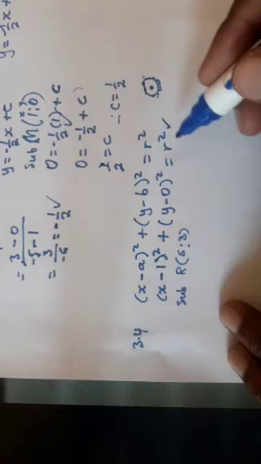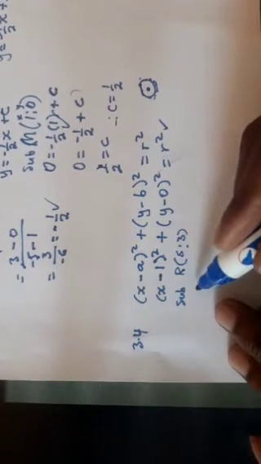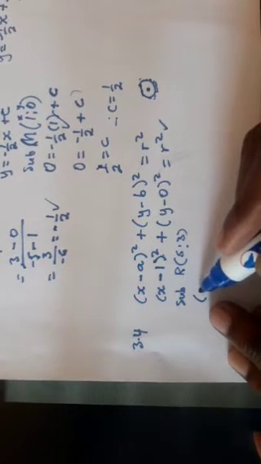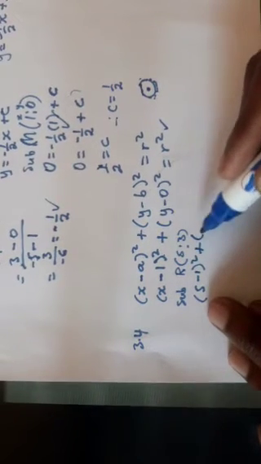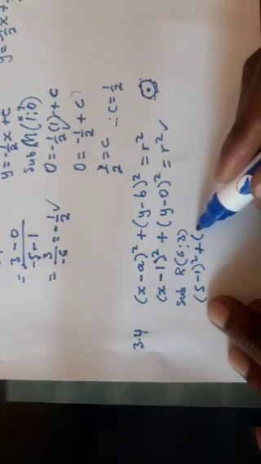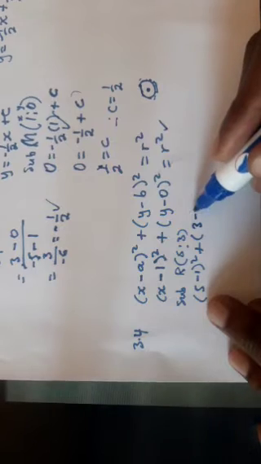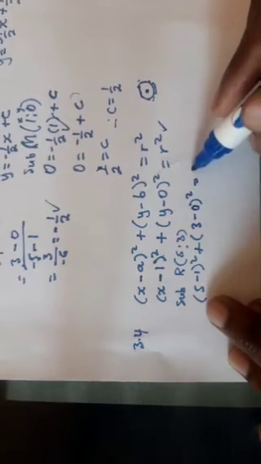To get r, the radius, we substitute: x is 5 minus 1, all squared, plus 3 minus 0, all squared, equals r squared.